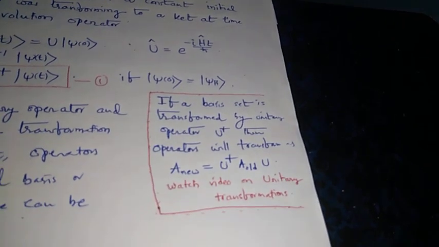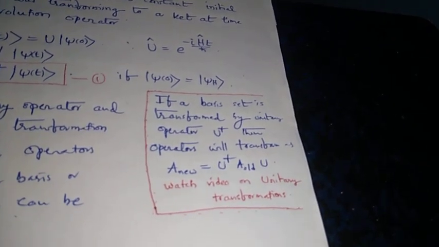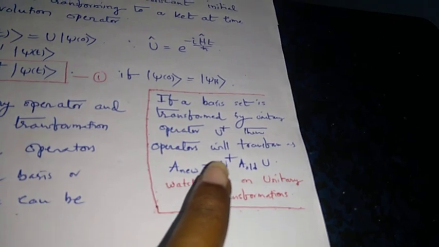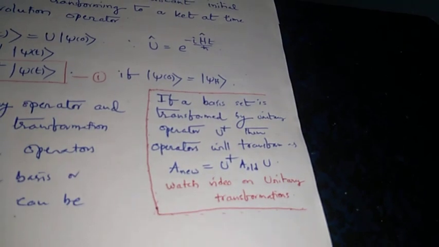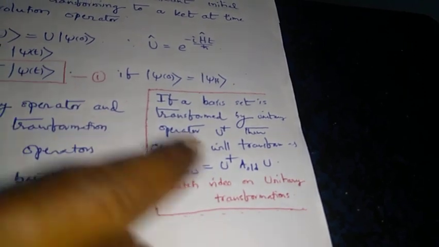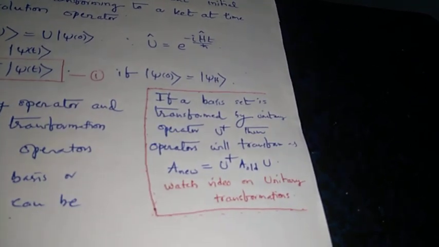Since U is a unitary operator, and the action of U dagger is happening on state vectors like psi t, we can consider equation number 1 as a unitary transformation.